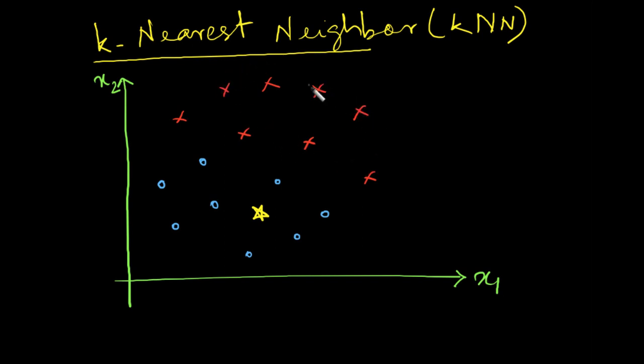Now, of course, for us visually, it is very easy. We can straightforwardly say that, okay, this belongs to the class of blue points. But how will you write an algorithm to figure out the same thing? If you think for a moment, how did you decide that this belongs to the class of blue points? You kind of estimated the distance of this new point from all the other points in the blue category and also from all the points in the red category.